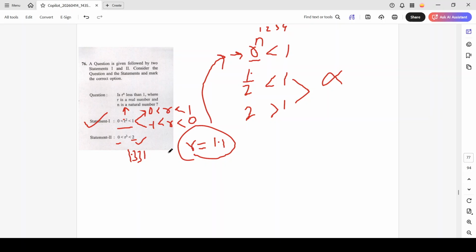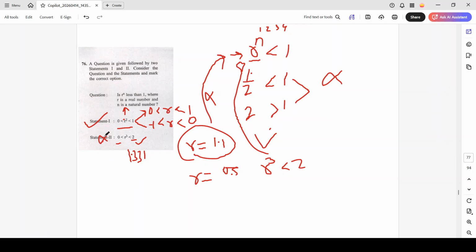Okay, this is one case. But in another case, suppose I take r as 0.5. In this case, it will satisfy it, so in one case it does not satisfy and in another it does. That means this is an ambiguous statement that is not clearly giving us the answer.